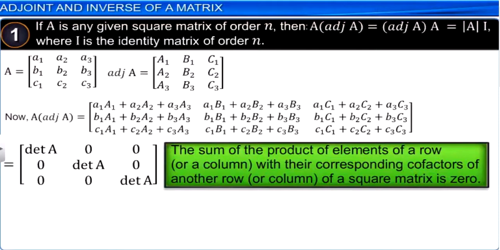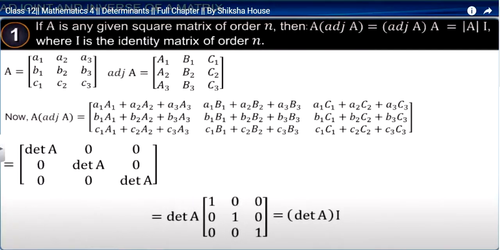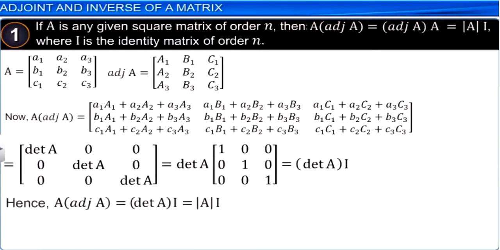Now, taking determinant of A common, we get determinant of A into I, where I is a 3x3 identity matrix. Hence, A into adjoint of A is equal to the determinant of A into the identity matrix.